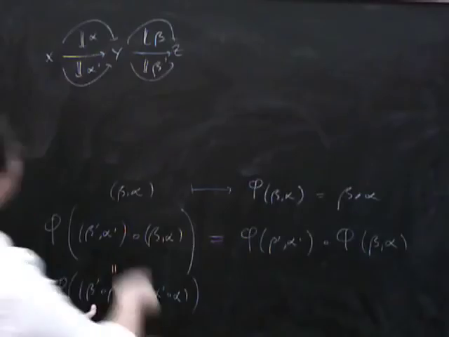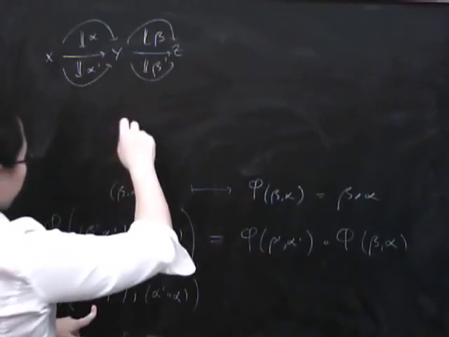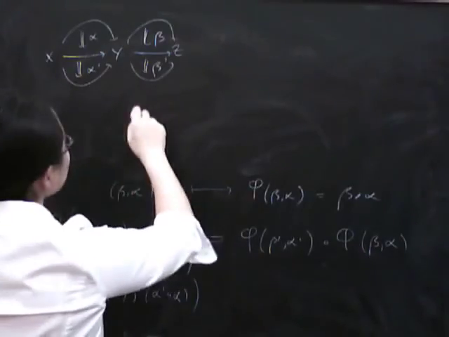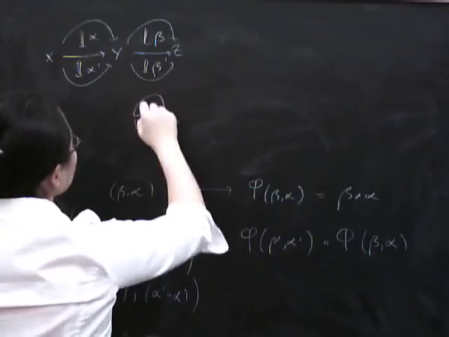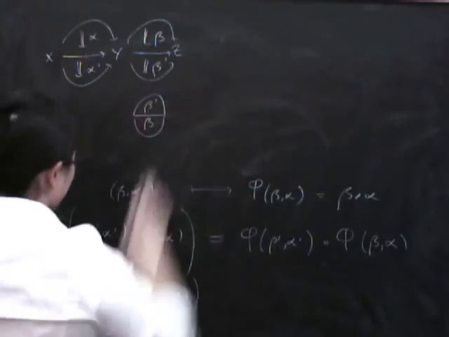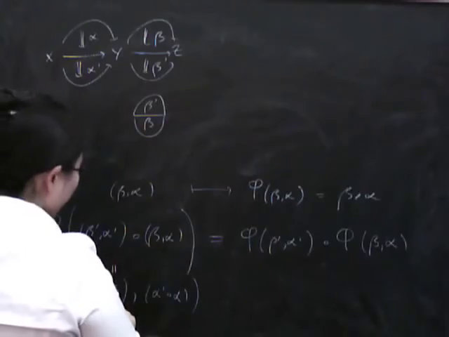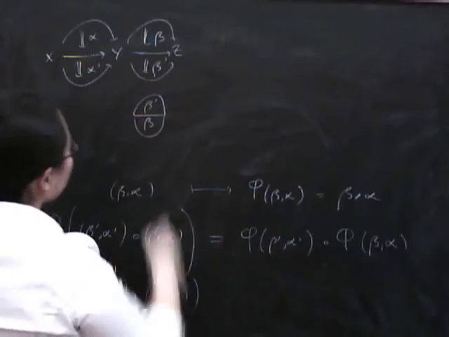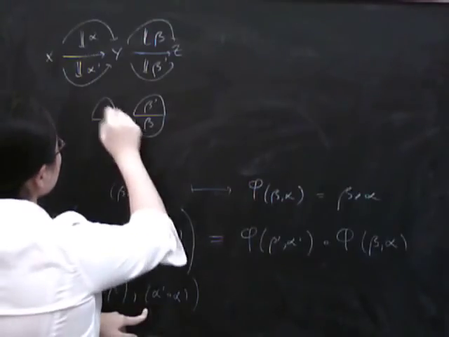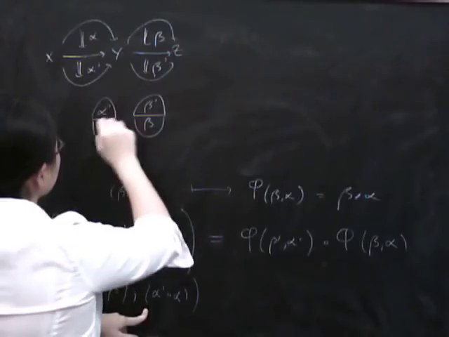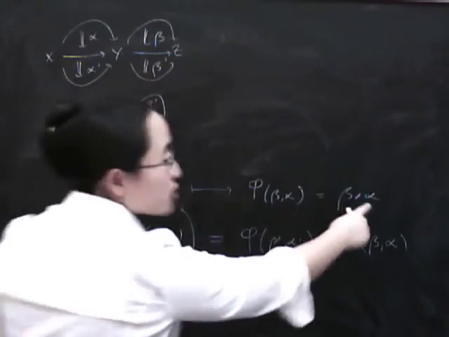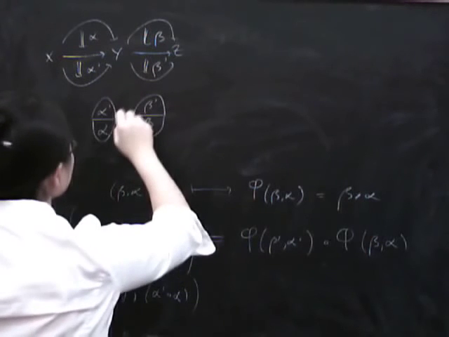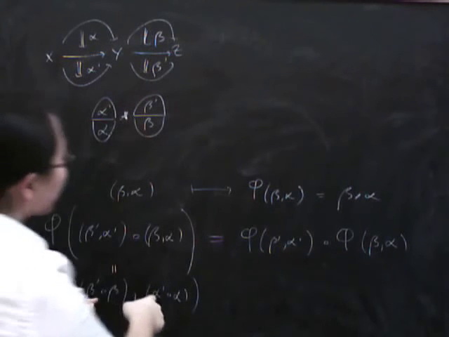Well, on the one hand, we've got beta primed composed with beta, which is this vertical composite. And we've got this vertical composite alpha primed composed with alpha. And now we're going to do phi on them. And what happens when you do phi on them? It says that you take the horizontal composite. So that's what this left-hand side is.